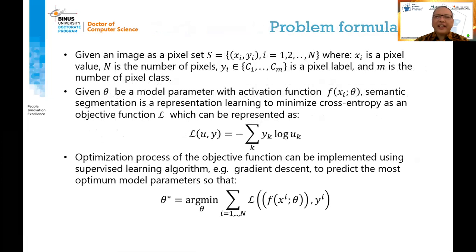Semantic segmentation can be formulated as a classification problem. So here we have a set of pixels and labels. The purpose of semantic segmentation using a machine learning or deep learning approach is basically to approximate the mapping function from pixel to label by minimizing a predetermined objective function using a learning algorithm.